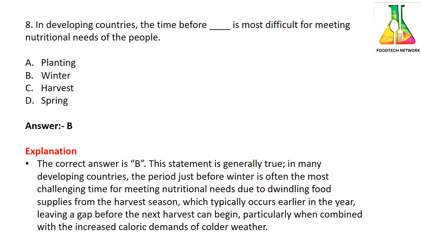In many developing countries, the period just before winter is often the most challenging time for meeting nutritional needs due to dwindling food supplies from the harvest season, which typically occurs earlier in the year, leaving a gap before the next harvest can begin, particularly when combined with the increased calorie demands of colder weather.